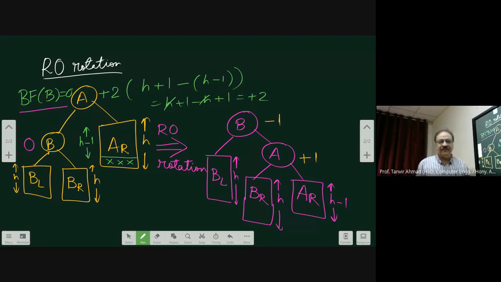Of course, it balances. Why? Because the height of left of B is h, the height of right of B is h plus 1. Why h plus 1? BR is h plus A will give you h plus 1. Therefore, it is minus 1. The height of A will be h minus h minus 1, which will be plus 1.